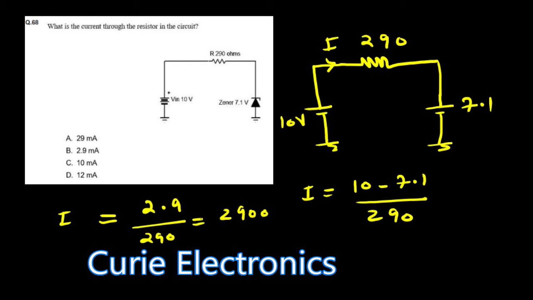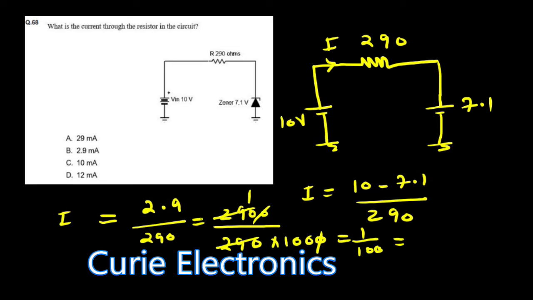The numerator becomes 2900, and the denominator 290 multiplied by 1000, so we get 1 upon 100, which means 0.01 amps.